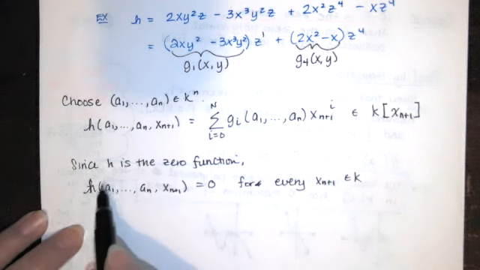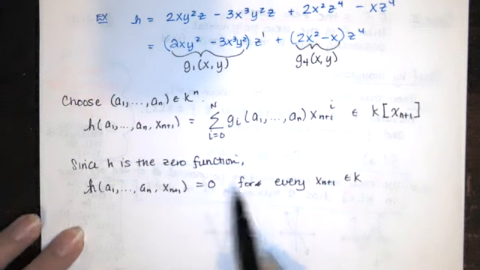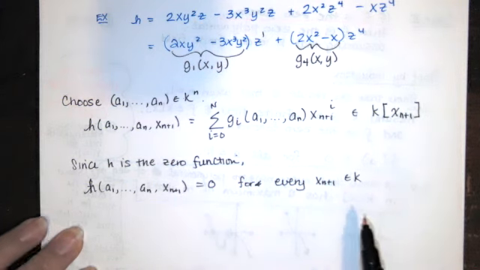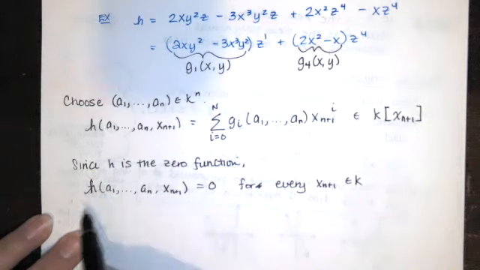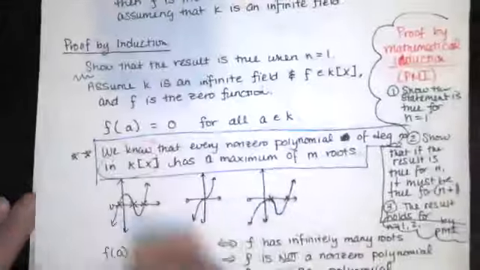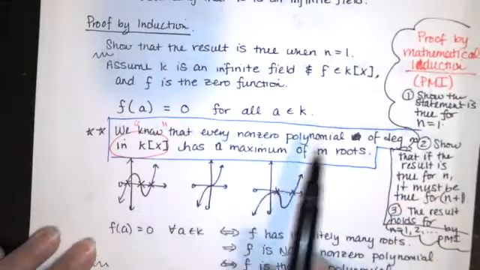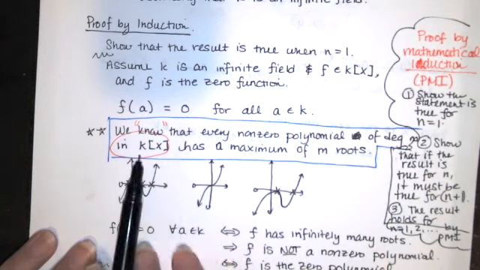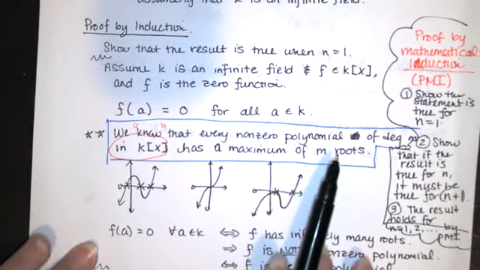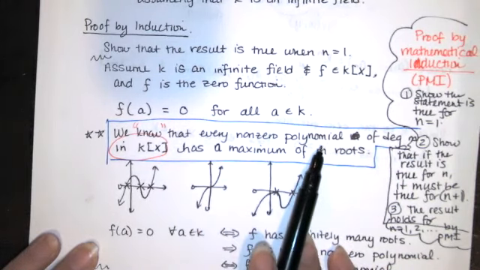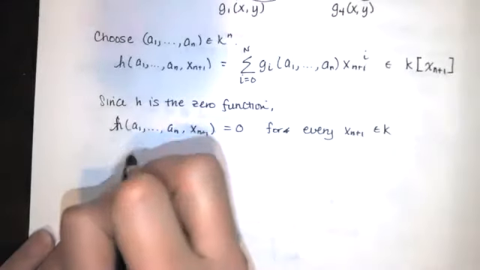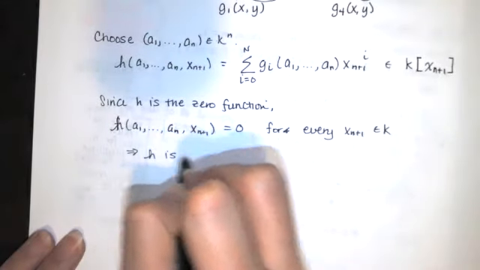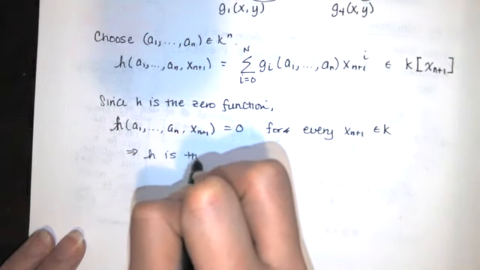And since this is a function of a single variable, and this is equal to 0 for infinitely many values of x, that means we've got infinitely many roots. And then by this fact that we assumed at the beginning, every non-zero polynomial of a certain degree should have a maximum of m roots. Since we've got infinitely many roots, we know that this cannot be a non-zero polynomial. So h is the 0 polynomial.